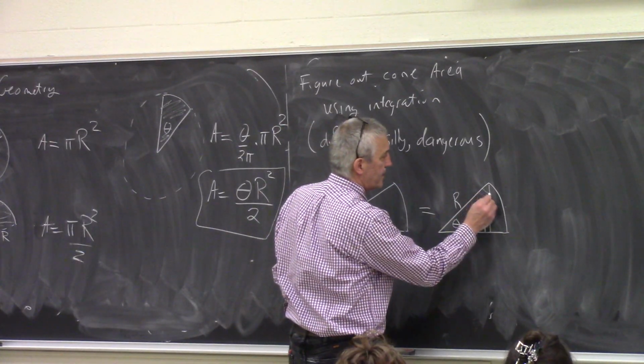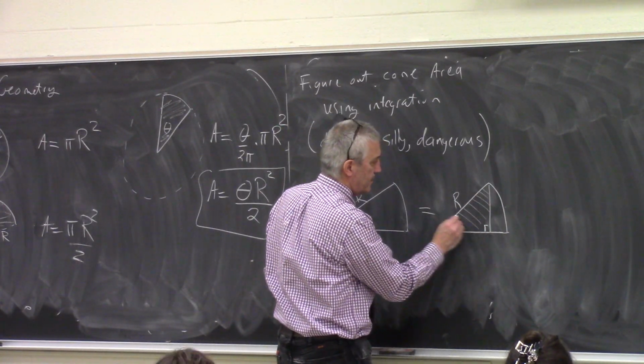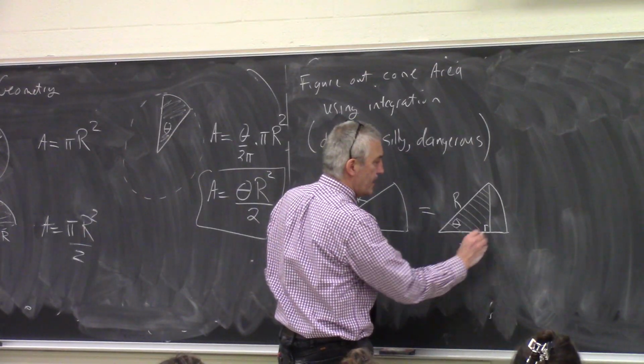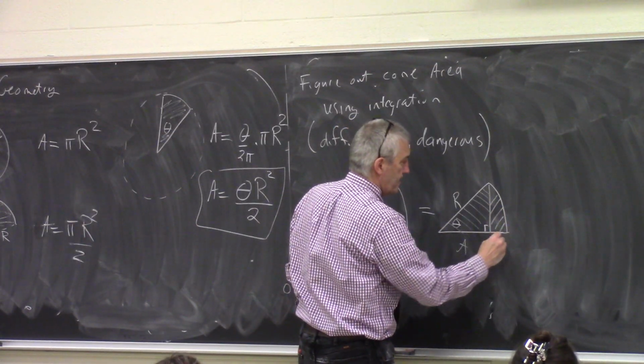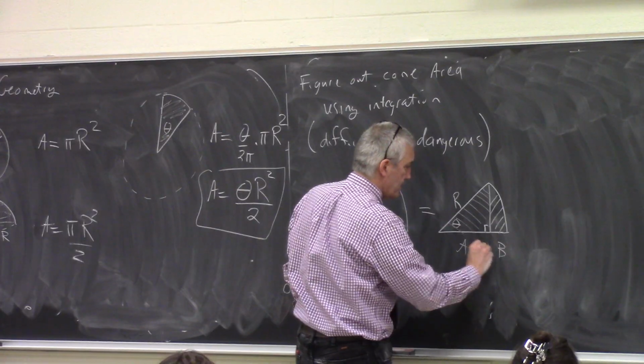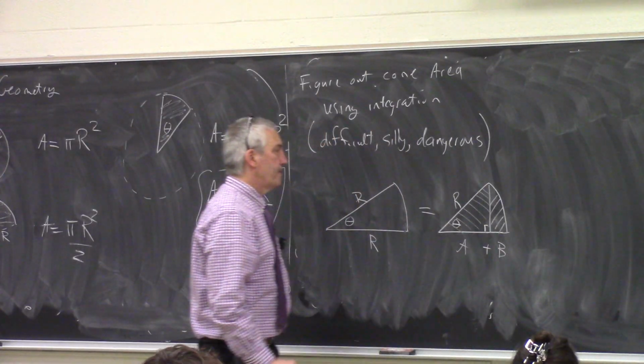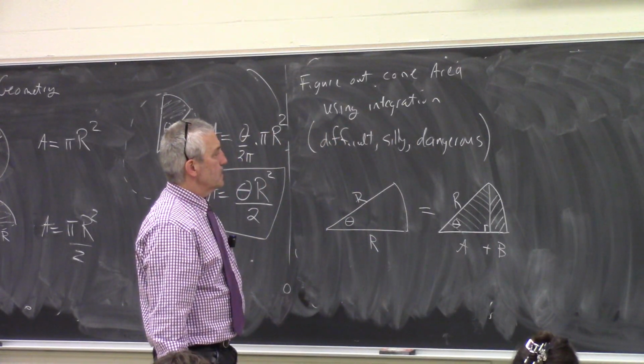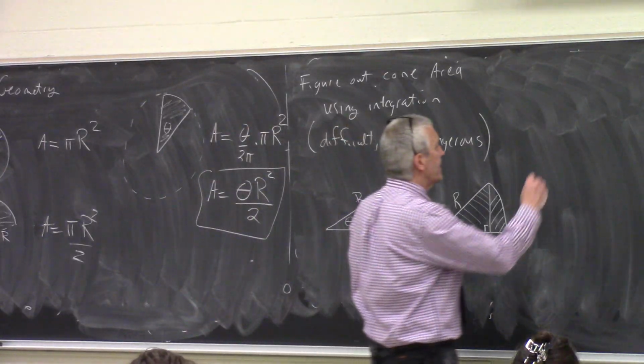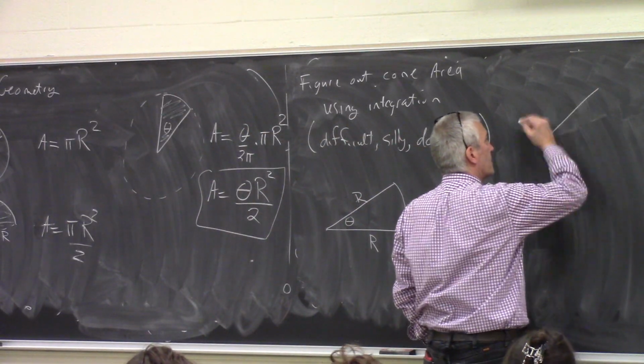So we've got this area, let's call that A, and let's call this area B. Okay, so let's figure out the area of the triangle first.